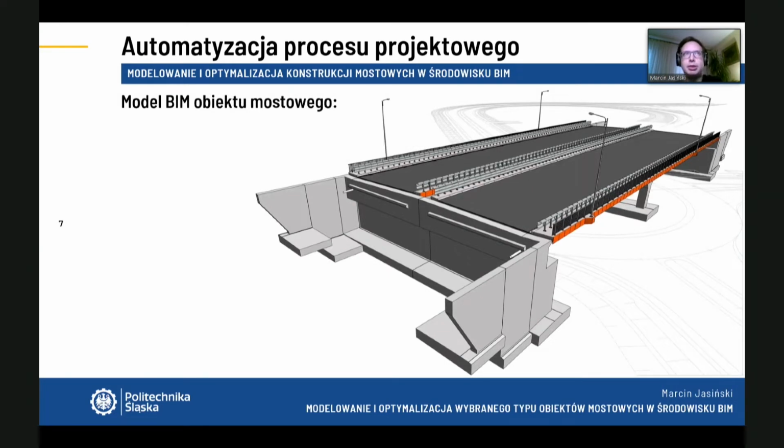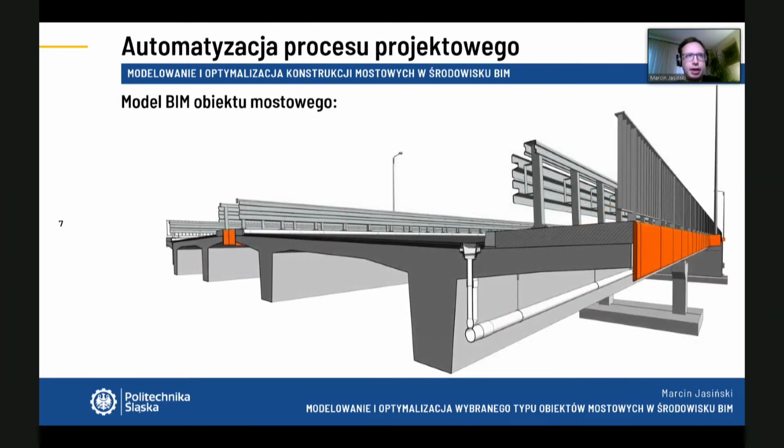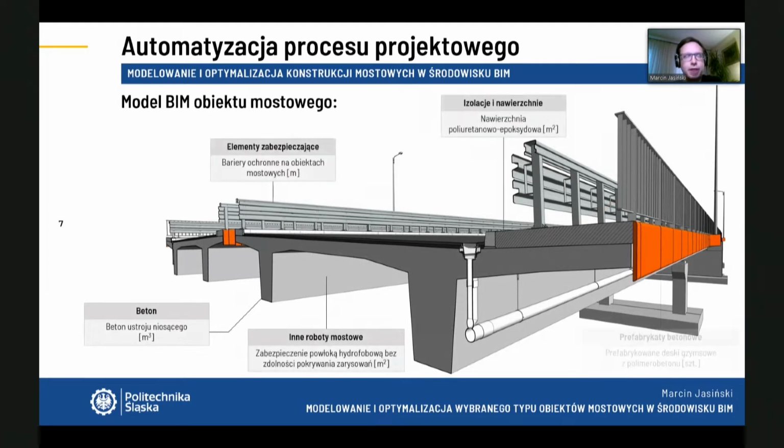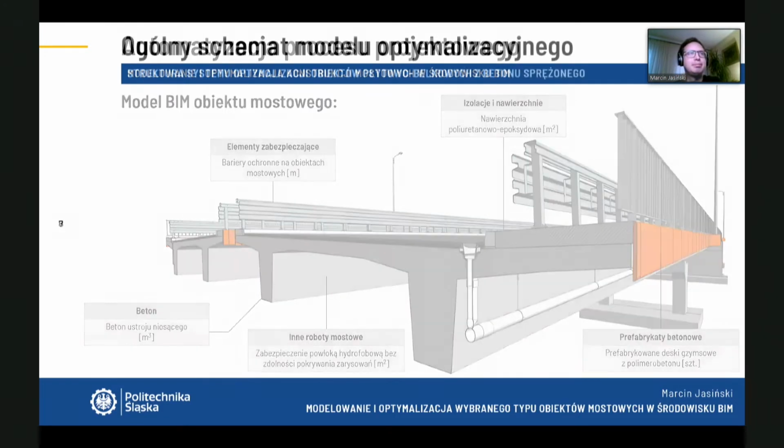In this approach, the BIM model will be used for structural optimization of this bridge, and it will play 4 functions, including the isolation element, the cost element, and visualization of solutions.